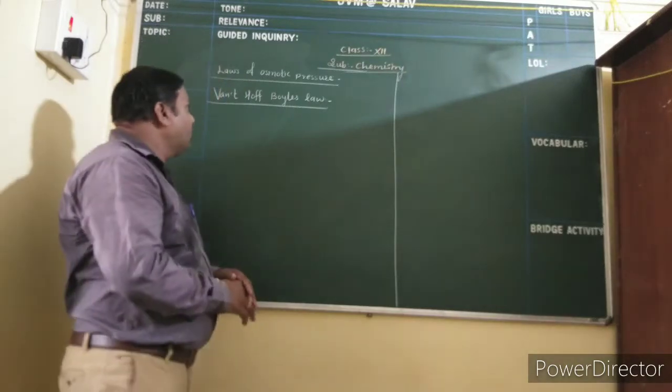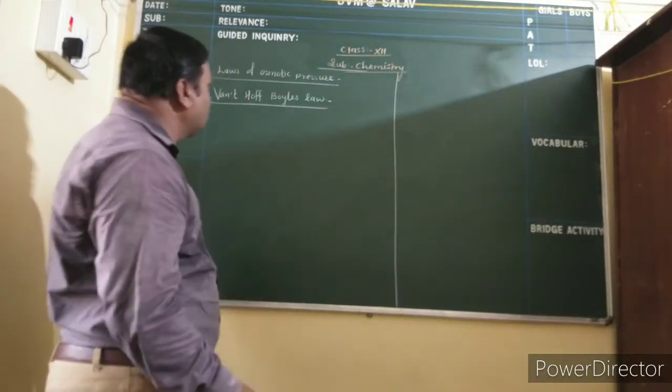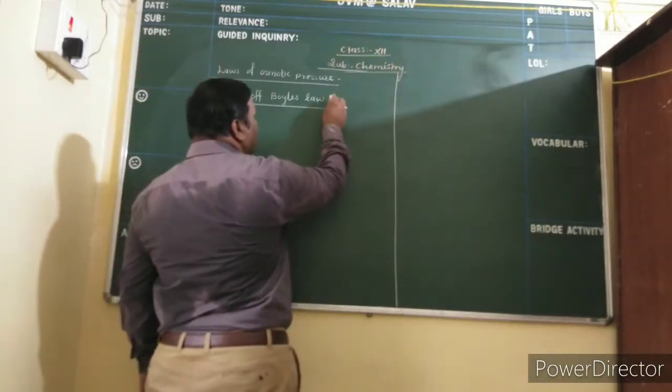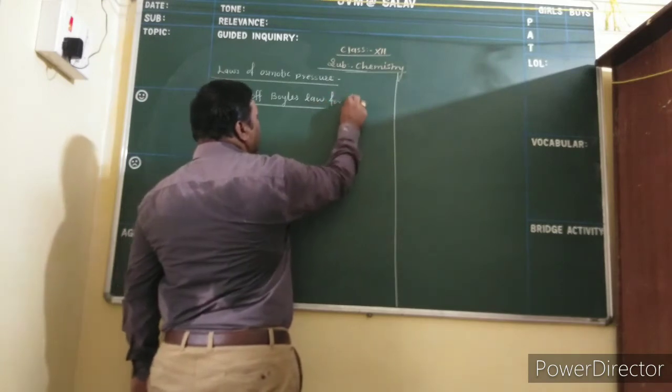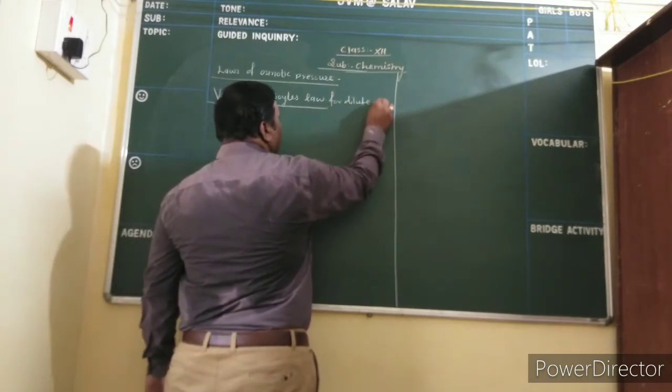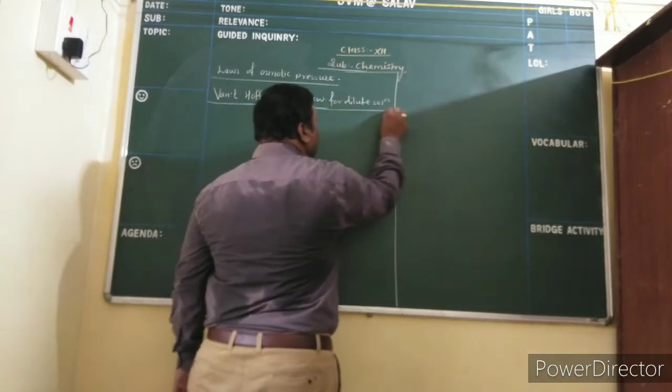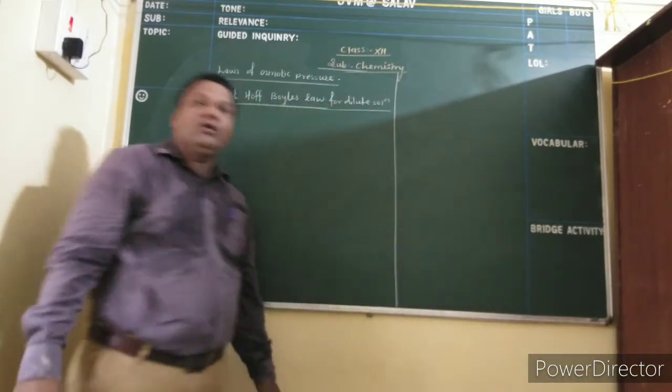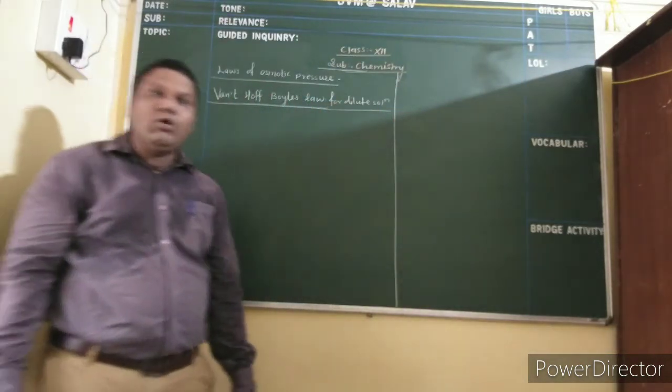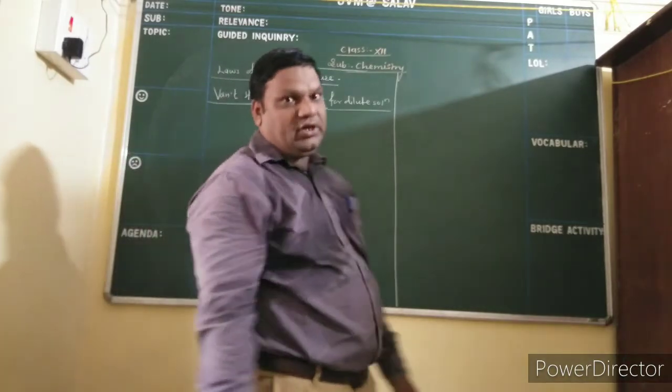First one is Van 't Hoff-Boyle's law for dilute solution, because in the previous period we said that colligative properties are only applicable for dilute solutions.